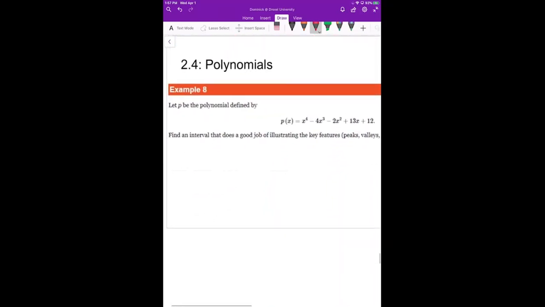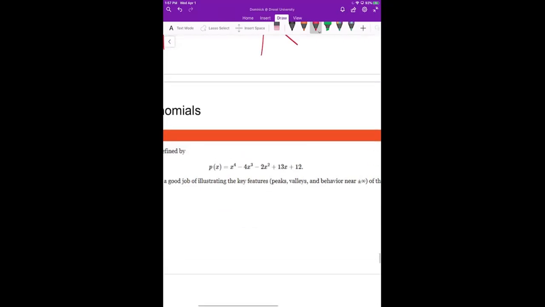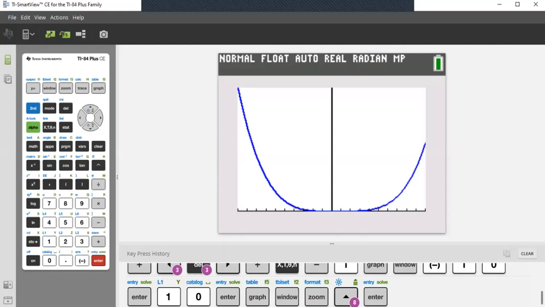Okay, now the last thing that we're going to do is return to a calculator example. We're going to look at this function and we're going to do so on the calculator. So let me go ahead and bring that up. So let's do a new share. And I want to bring up the calculator. Okay, so now we have the calculator up.